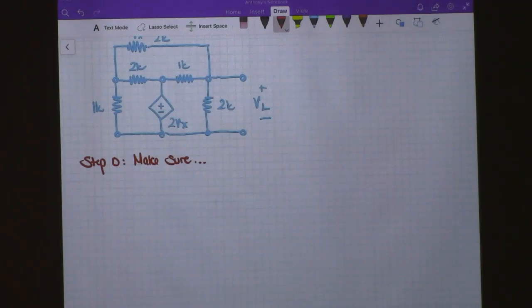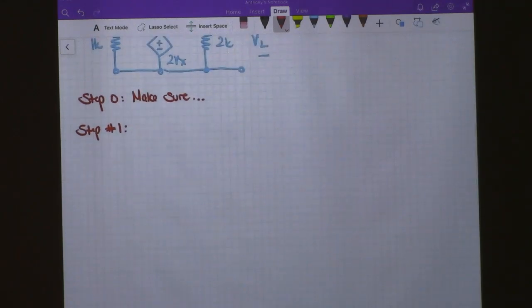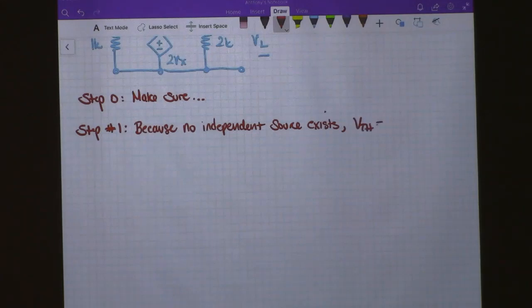So, next step. This is actually an easier problem because, since no independent source exists, the Thevenin voltage equals 0. So half the problem is already solved.